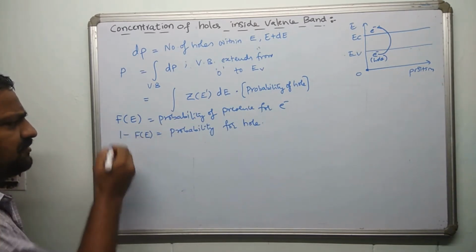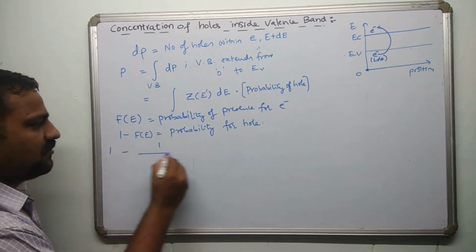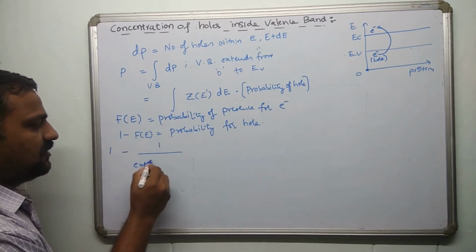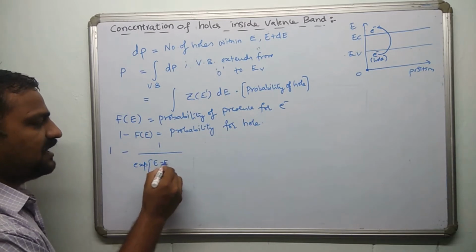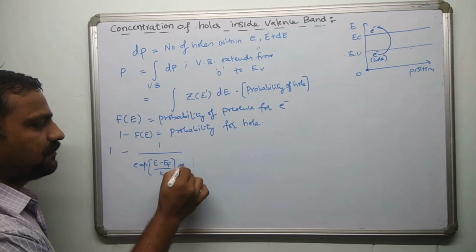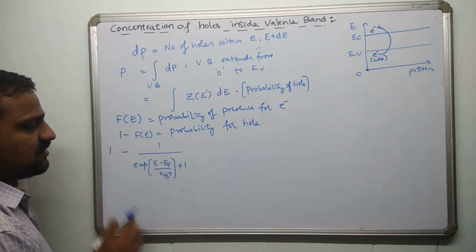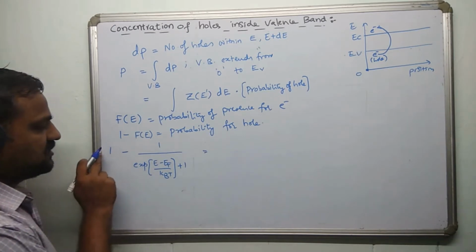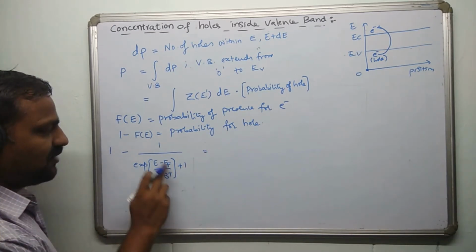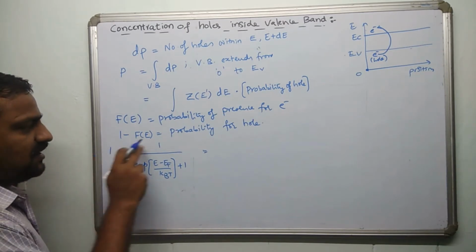So as we know, 1 minus f of E is nothing but 1 minus 1 by exponential of E minus EF by kBT plus 1. We know this is the Fermi function at T Kelvin. What we can do is cross multiply this term, so it is going to be e power x plus 1 here and minus 1. So plus 1 and minus 1 are gone.